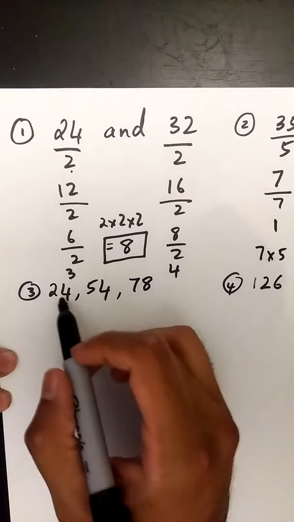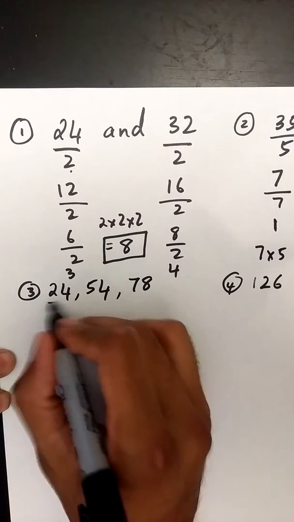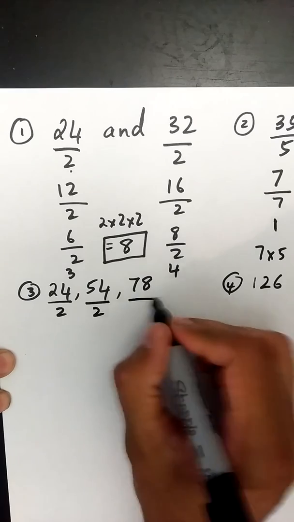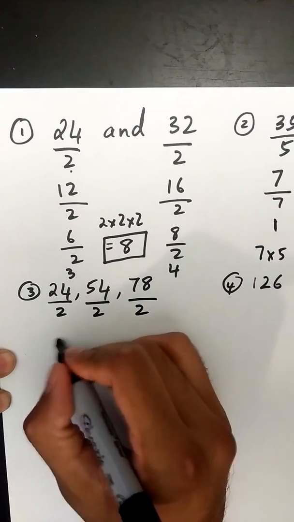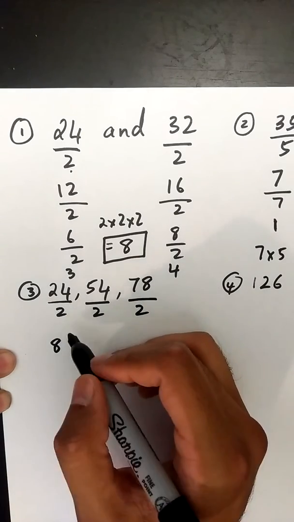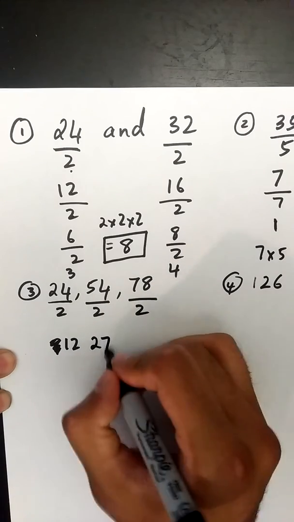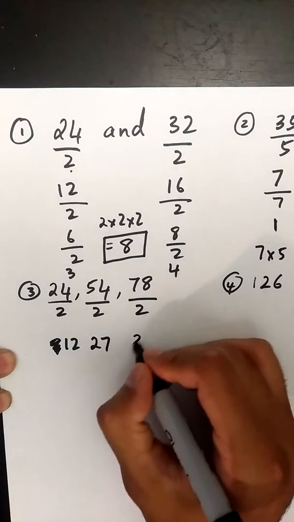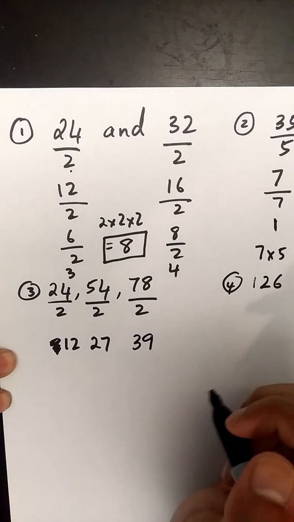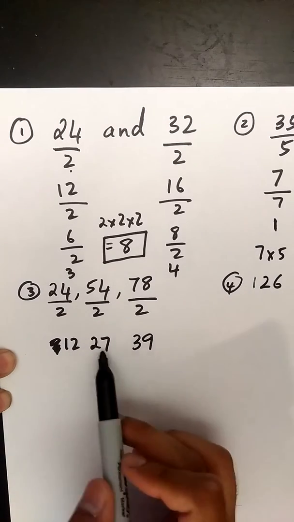Same concept applies to 3 numbers as well. In this case, I'm going to divide all 3 by 2. That's 8. That's 12. 27. 39. Take a look at these 3 numbers.